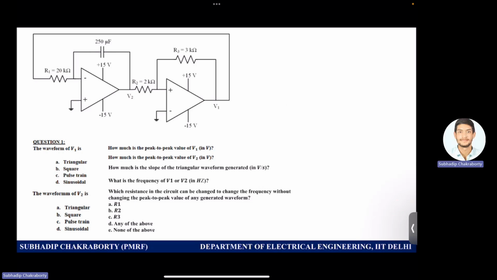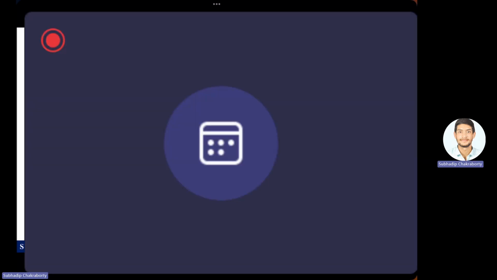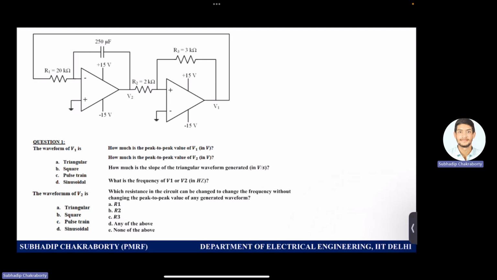So try this problem. So I request all of you to try this problem, okay?